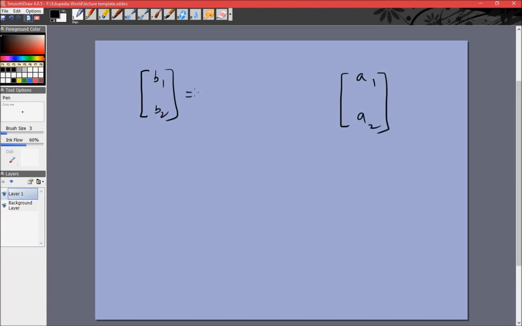So for example, if this is the vector B and this is the vector A, then we could say B1 is equal to WA1 plus XA2 and B2 is equal to YA1 plus ZA2. Actually, I'll not use WXYZ because they are generally used for variables. I'll use some other numbers. I'll use P, Q, R and S.